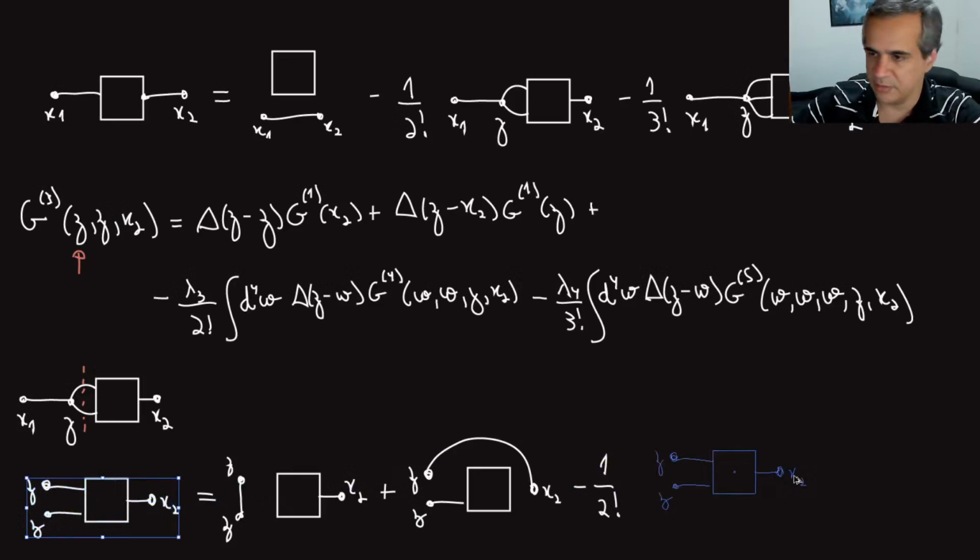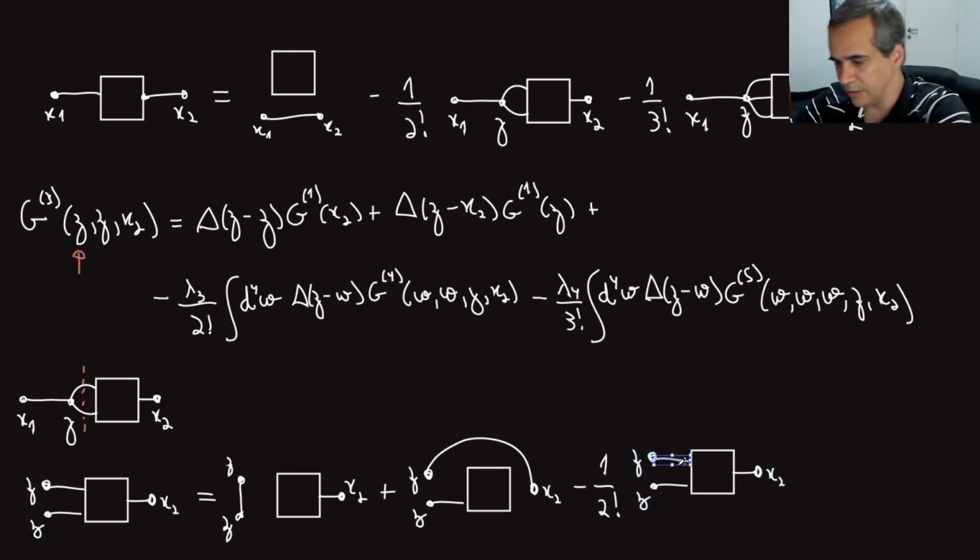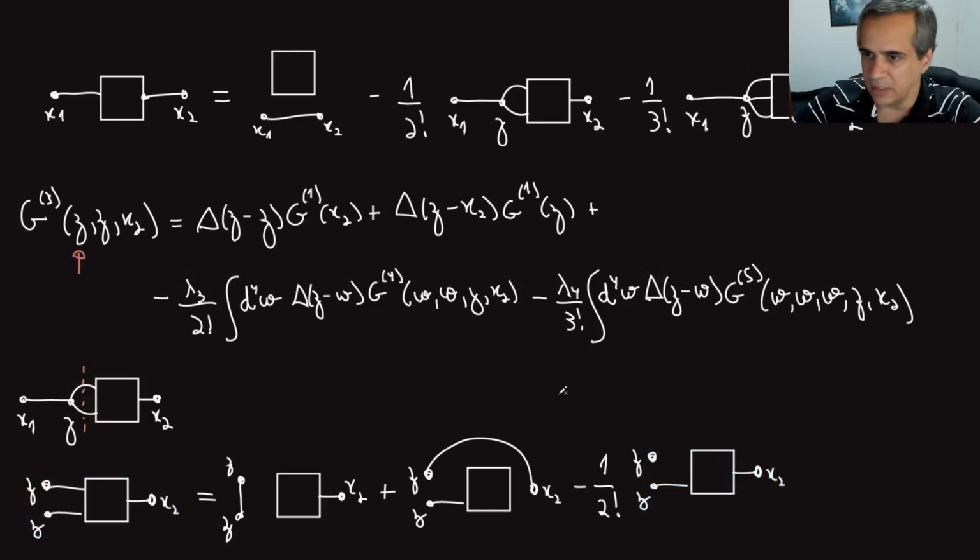Let me copy this, right? And here I did this, right? I won't write w, so there's a propagator from z to this point, which is w. I'm not writing it explicitly. And it branches, so now I have a 4-point function. 2 of them connected to w, 1 connected to z, and 1 connected to x2, right?